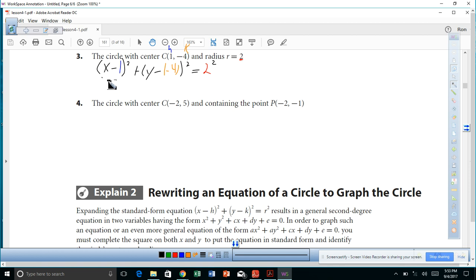So that gives you (x minus 1) squared plus (y plus 4) squared equals 4.